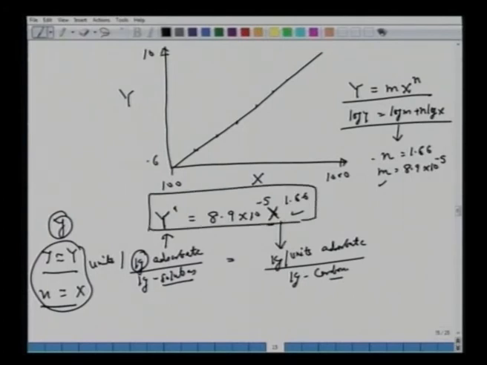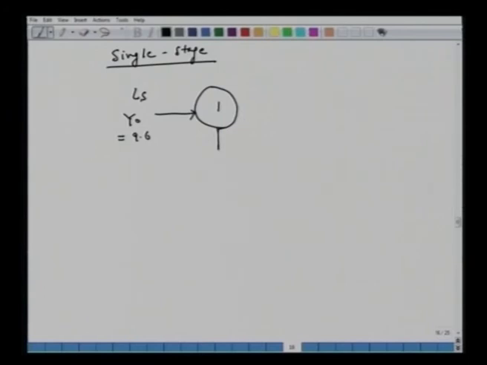Now we can start making the species balance, or we can draw the operating line. So let's say that we have a single stage. All right, so it's a very straightforward problem now. We have stage 1. We have the solution, say Ls, either you put it in kg per second or just kg. This contains color, which is 9.6, brought in contact with a certain amount of solid carbon, which is x0 here.